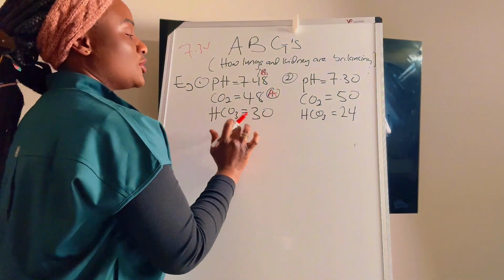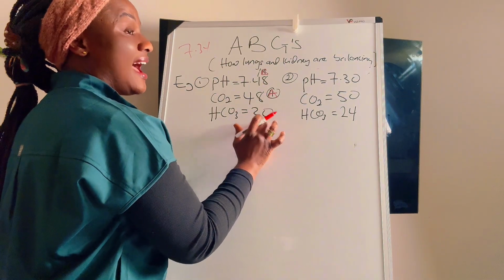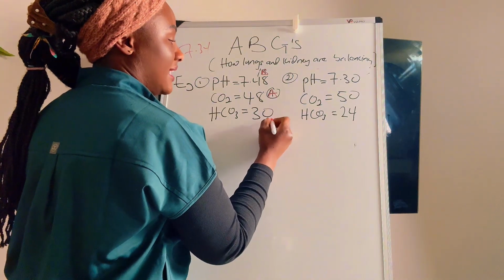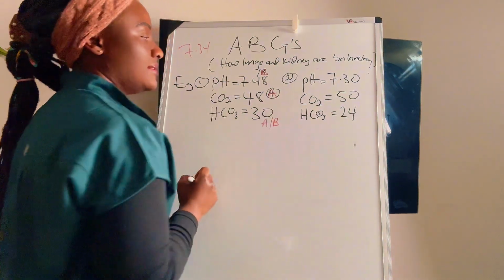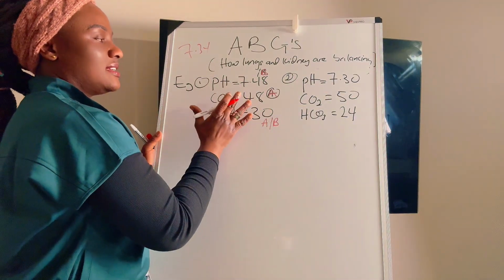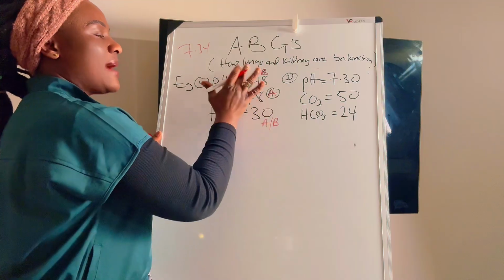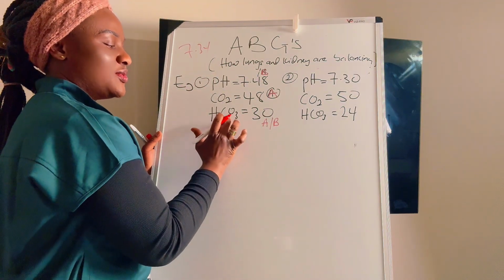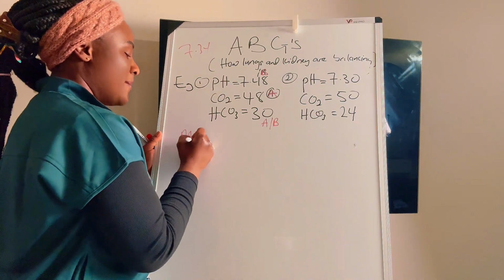So 30 is going to be what? Alkaline, or basic. So when you look at this, which of them is matching your pH? It is your HCO3.